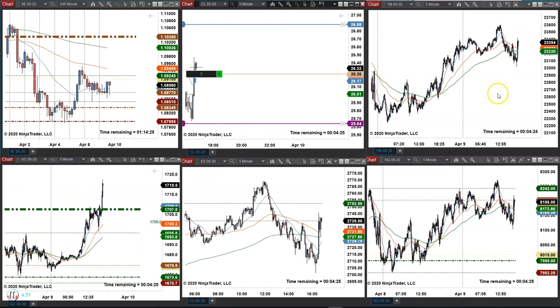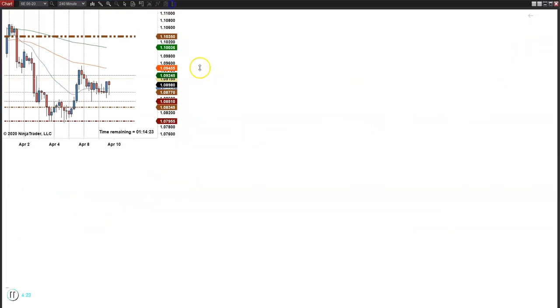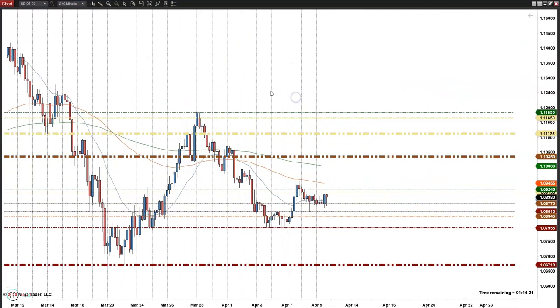For the meantime, you can look for opportunities on euro. So the euro made a divergence here. We have a new high, and technically we have a new higher low as well. So we can draw a rising trend line like that.